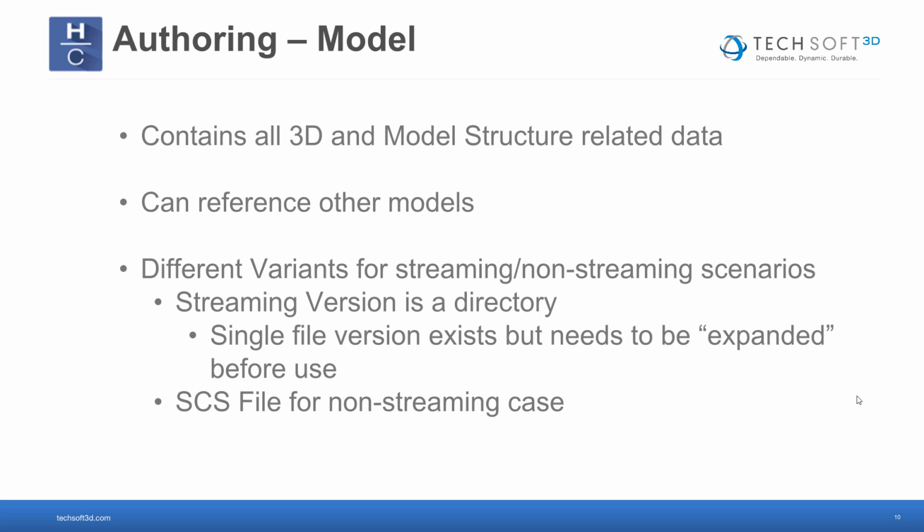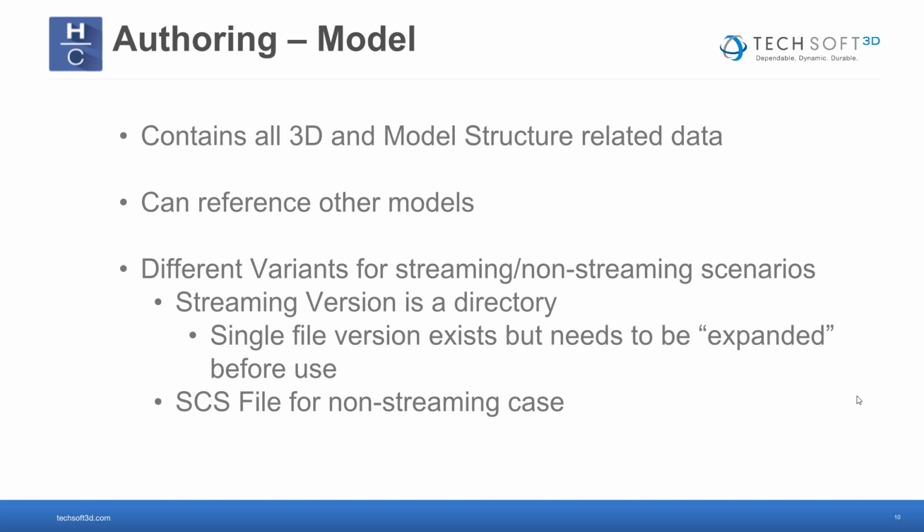The drawback to the SCS file is that it does require the entire file to be transferred before we can begin streaming. The reason for this is that SCS files are loaded through AJAX requests. So that request has to be processed by the browser and the file downloaded before the parsing can begin.